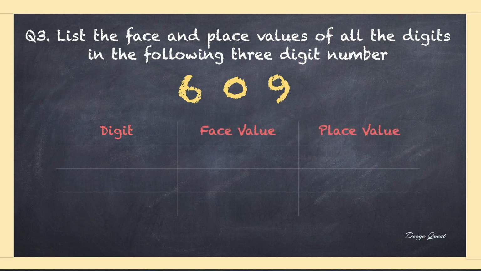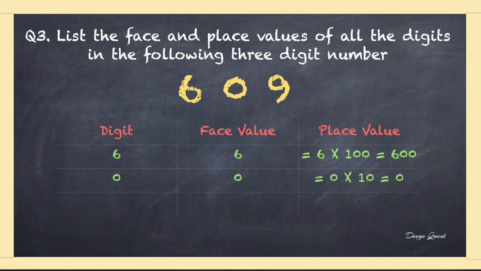Face value of digit 6 is 6 itself. Since it is in the hundreds place, place value of 6 would be 6 times 100, which is equal to 600. Face value and place value for 0 will be 0 only.